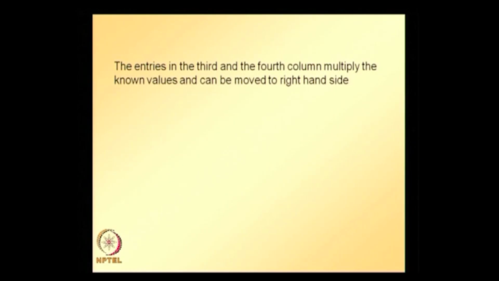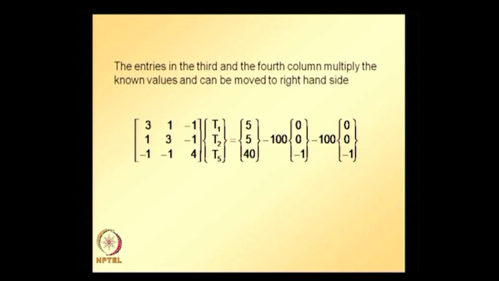Entries in the third and fourth column multiply the known values, that is 100 and 100, and can be moved to the right hand side, and the previous equation can be rearranged like this to solve for T1, T2 and T5. So, once this equation system is solved, we get the solution T1, T2, T5 like this.